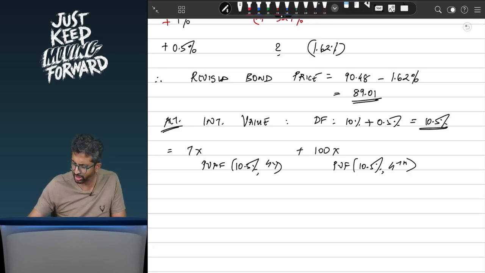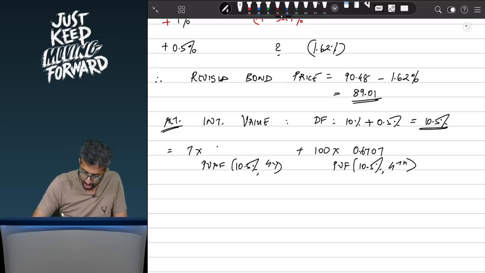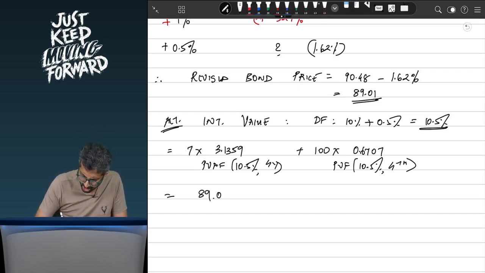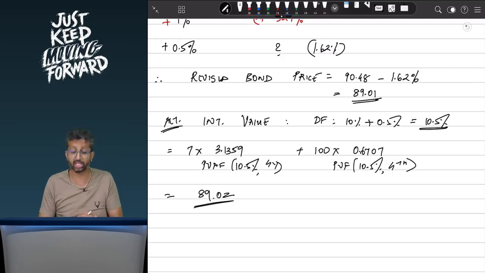If we do this working, you will get approximately the same answer, though not exactly the same, because there might be some slight differences. 1.105 for years 1, 2, 3, 4. This is 0.6707, and the grand total is 3.1359. So this will be 7 into 3.1359 plus 100 into 0.6707, and this is again 89 point something, 0.02. For all practical purposes, it is exactly the same.